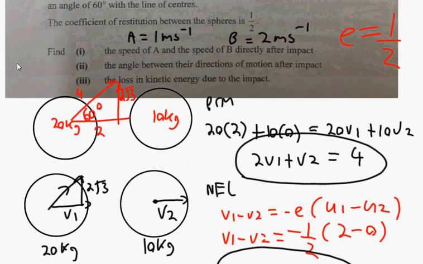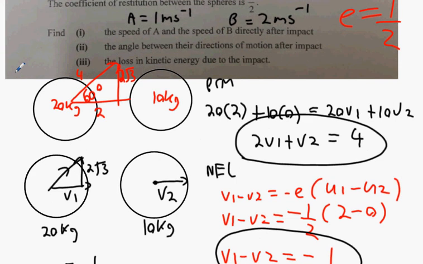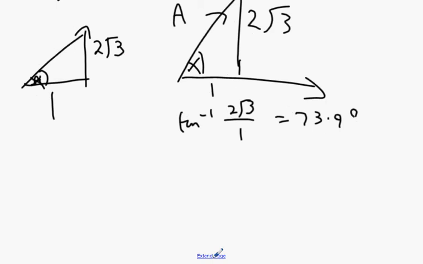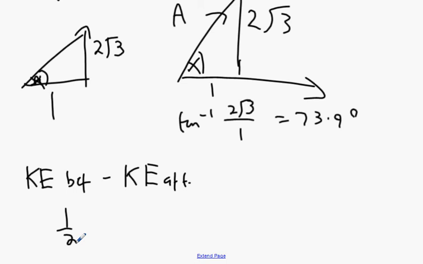And then finally, the loss in kinetic energy due to the impact. Loss in kinetic energy, so just simply KE before minus KE after. So a half times 20 times 4 squared.